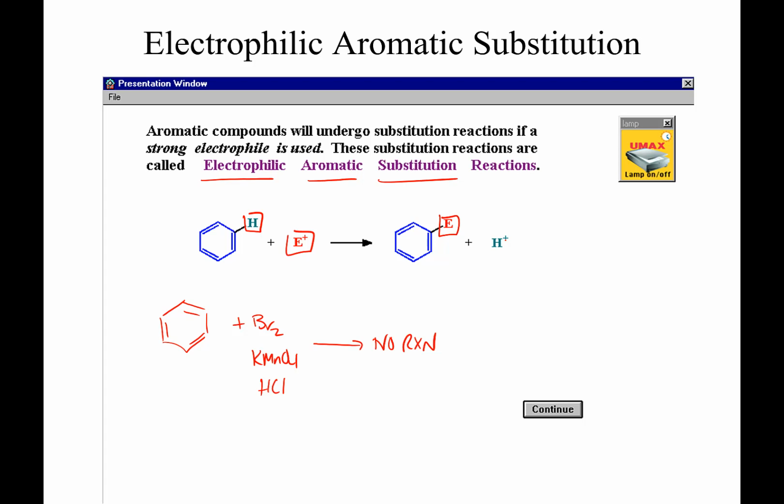But it's going to take a pretty harsh electrophile, like a C+ or something with a plus charge, to add to that benzene ring. So then all the different reagents we're going to use all generate a positive charge. And that's what's going to add to the benzene ring.